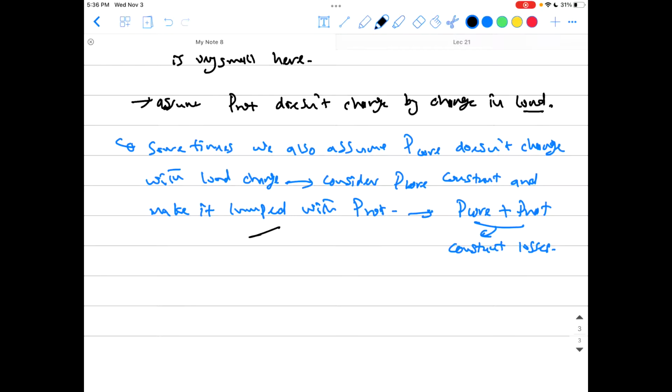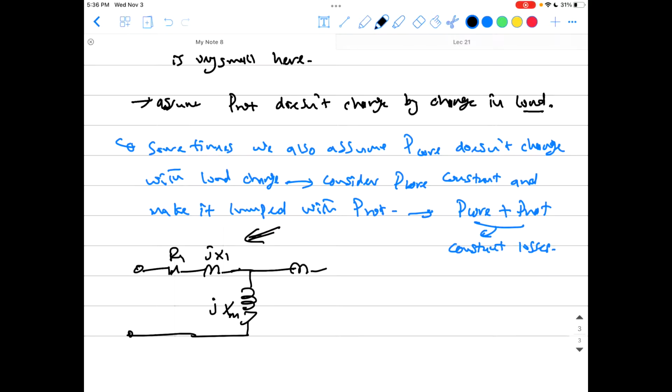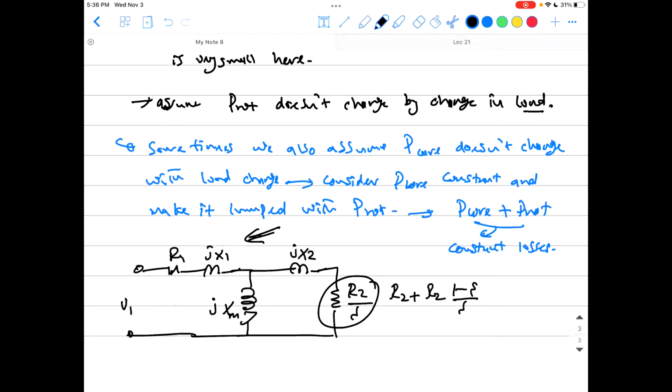And in this case, you find the equivalent circuit to be like that. That is R1, jX1, and that is the core representation, just jXM. And you don't bother about RC anymore because you're assuming that is constant, and you take it out of the equivalent circuit and lump it with the rotational losses, and that is R2 over S, or you can make this R2 plus R2 (1 minus S) over S. It's up to you.